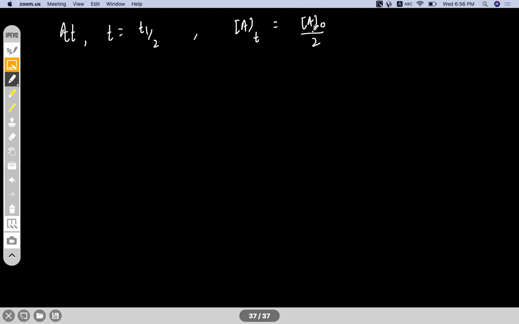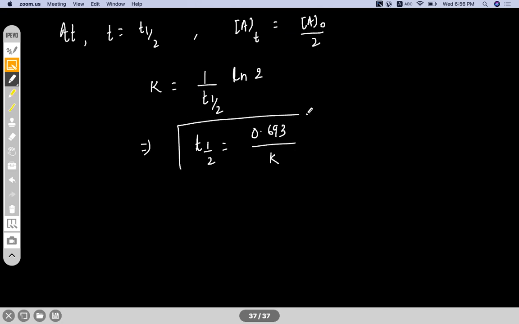And this we can substitute in the expression, that is K is equals to 1 by T half ln of A naught by A naught by 2, that is ln 2 here. So T half is equals to 0.693, the value of ln 2, by K.